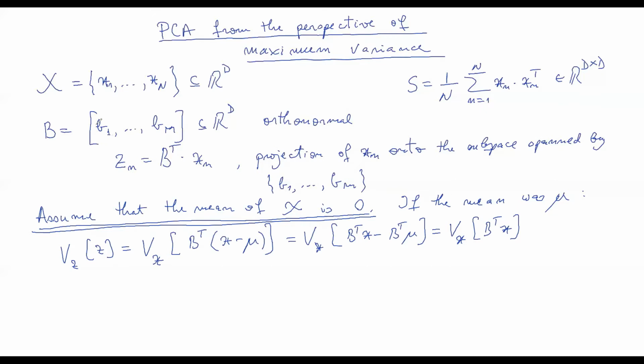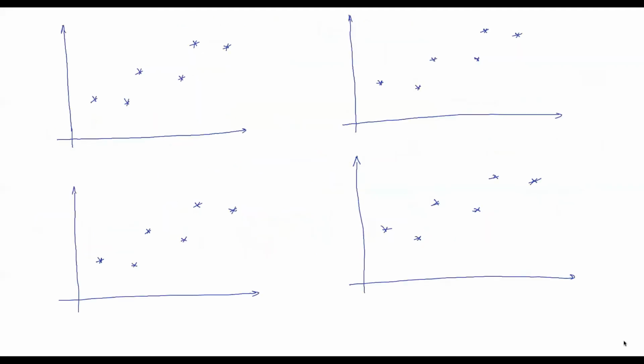And here is how you should think about this. Let's say that you have this data set, and I just replicated this data set 4 times on this whiteboard. You can think about PCA from the following perspective.